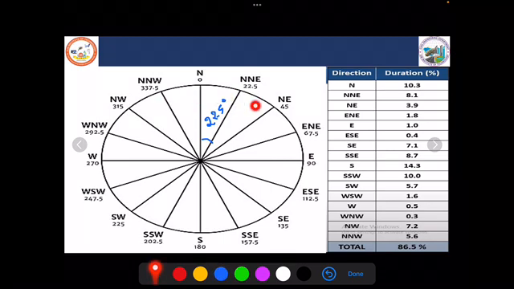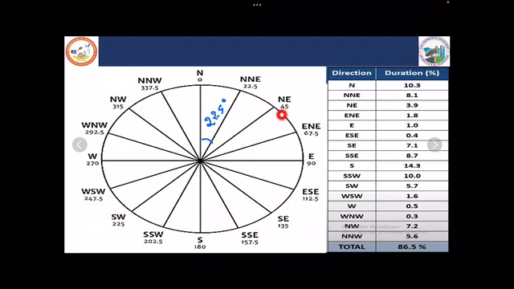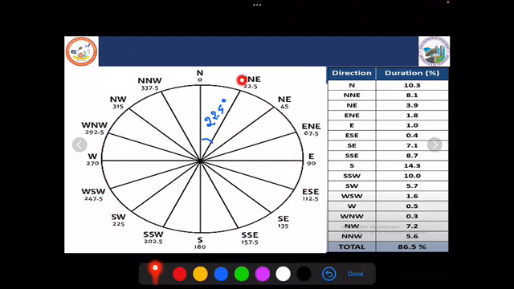Like that we will plot all the sectors, and the naming will be given: north, south, east, west, north-northeast, southwest. First draw the basic directions and then you can divide into the required directions.